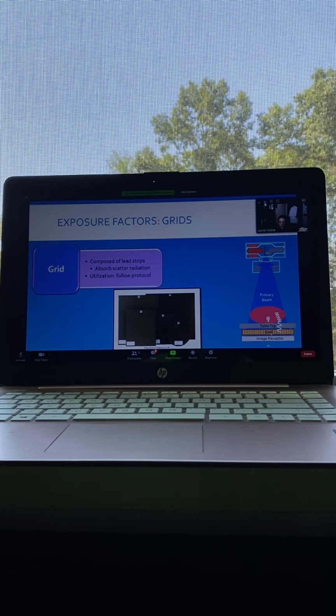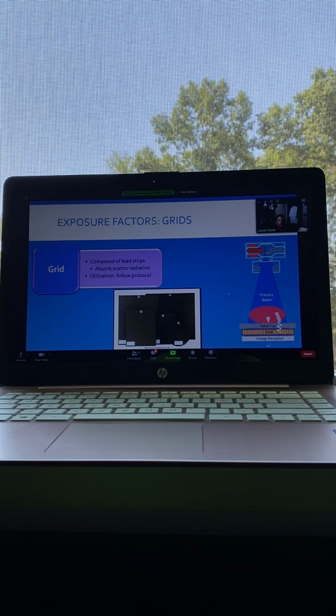Or if you're talking about the upright unit, like we have in our lab, the upright unit against the wall, there's a grid in there too. We can also use grids when we do mobile imaging. So we have portable grids as well. We'll be talking about grids, but that's something else that you'll use according to protocol.